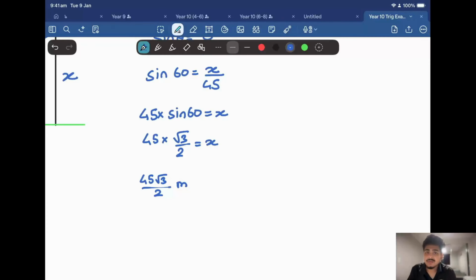For now, I will accept 45 root 3 divided by 2, and I will also accept 38.97 as the answer, as long as you have meters.